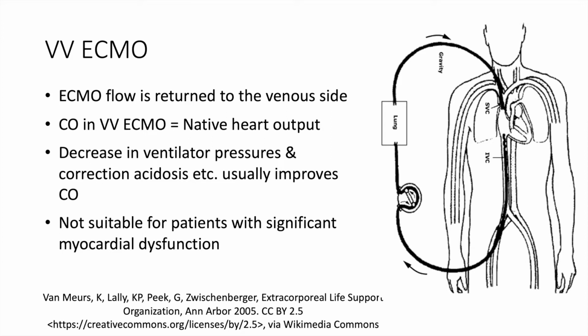When the patient goes on VV ECMO, we will be able to reduce the ventilator settings significantly. This may lead to improved venous return, and usually we see an improvement in cardiac output. Correction of acidosis and hypoxemia may improve myocardial dysfunction and lead to a further increase in cardiac output.